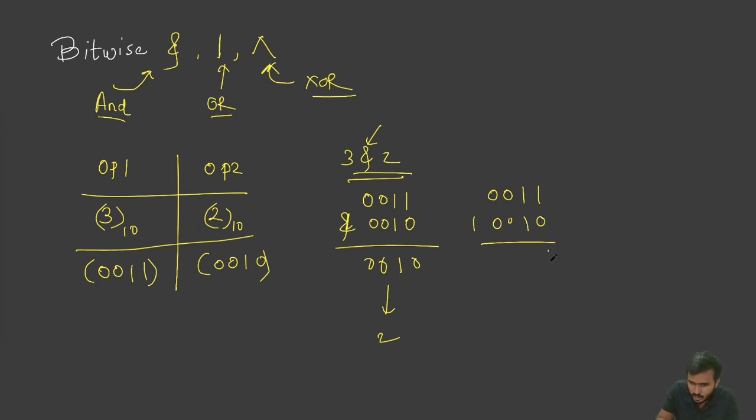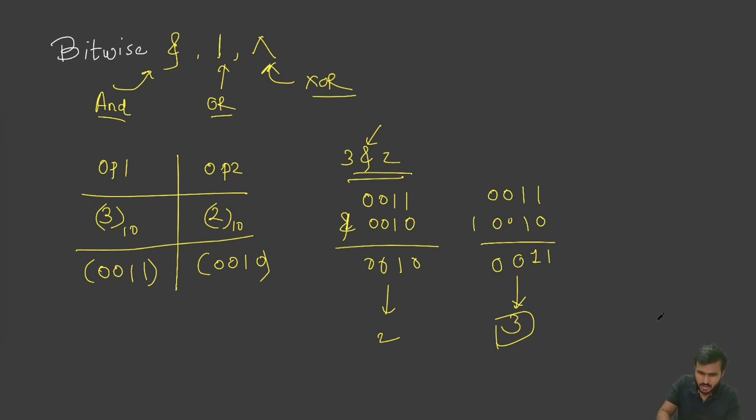It is going to be 1. 1 or 1 is again going to be 1. 0 or 0 is going to be 0, and then again 0. If you convert the output back to decimal, it is 0 0 1 1, which is 3. So this is the output when you perform 3 or 2.